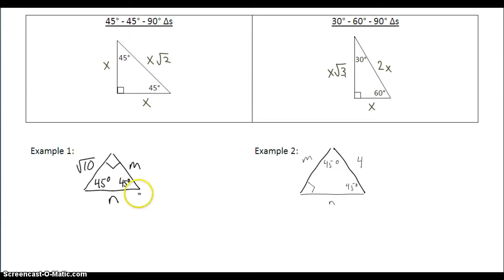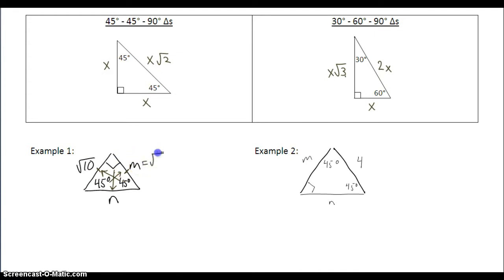Let's look at some examples that involve some tougher math. If we look at our first example, we have 45, 45, 90, so we're going to be working with this pattern. And if we look, n is my hypotenuse, and my two legs are m and the square root of 10. So these two values have to be the same.